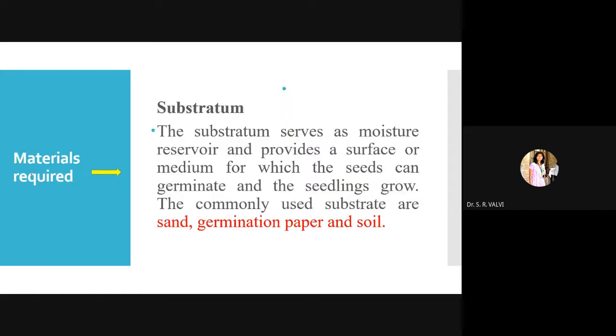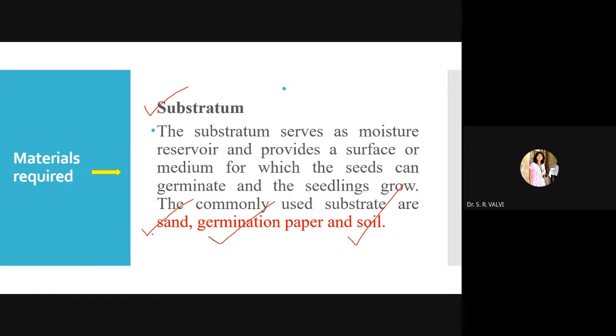Now see which materials are required for germination. Our first point is substratum. Here the substratum may be sand, germination paper, or soil. One by one I'm going to discuss the substratum.